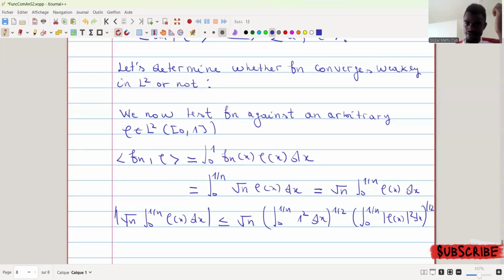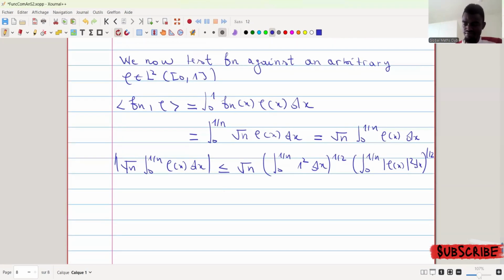So this is what we are going to have. And you can notice that this integral is just 1 over n.